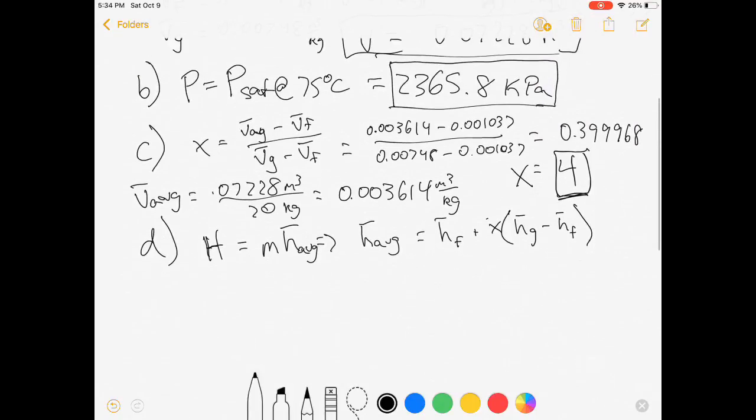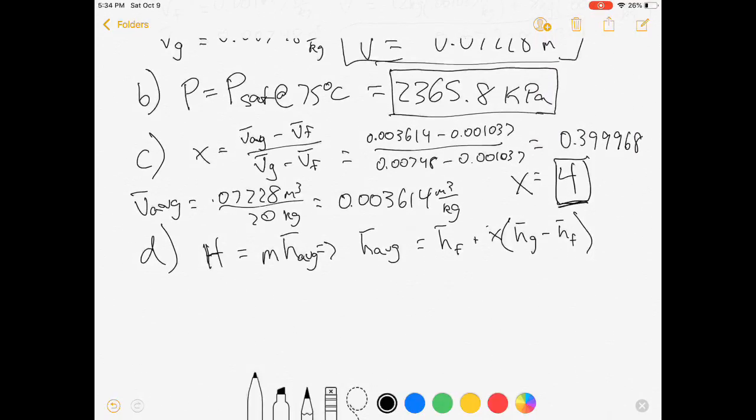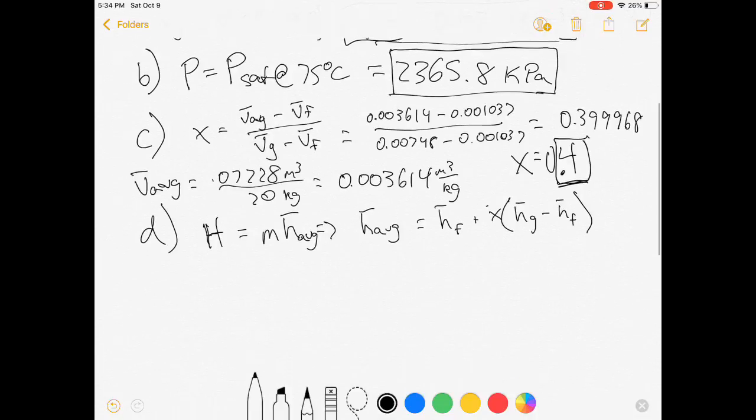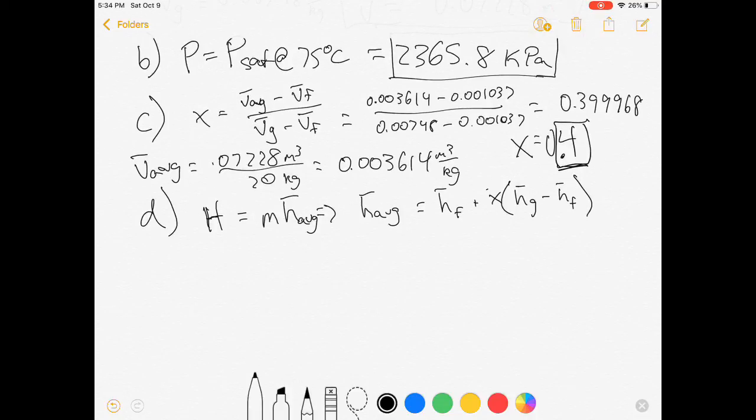So I made a pretty big mistake and I caught it. I accidentally rounded that to 4, and that should be 0.4. Now you could get enthalpy in two ways. You could either use this formula, total mass times the average specific enthalpy, where the average specific enthalpy is HF plus quality times HG minus HF.